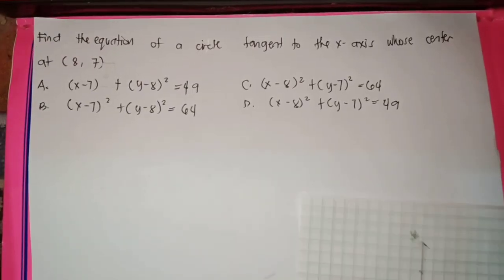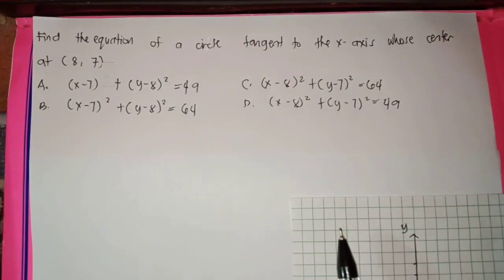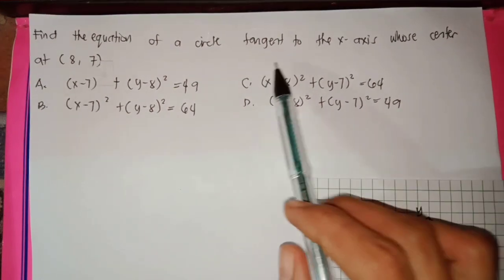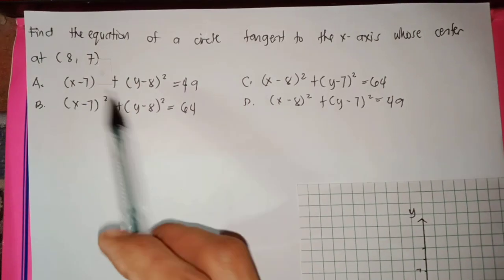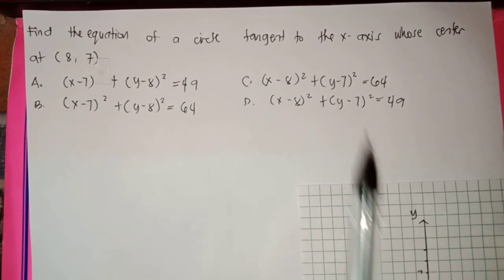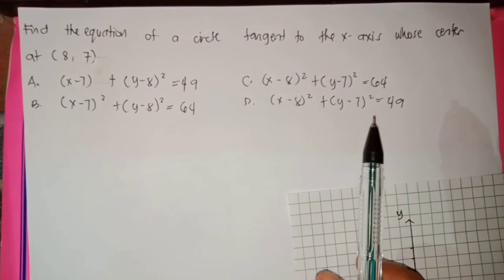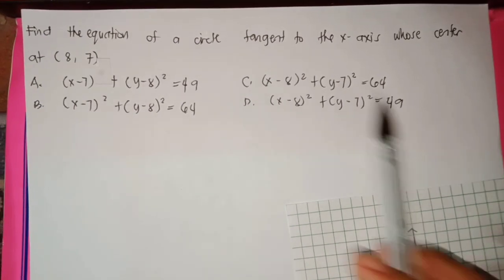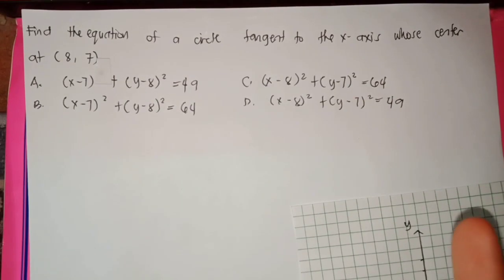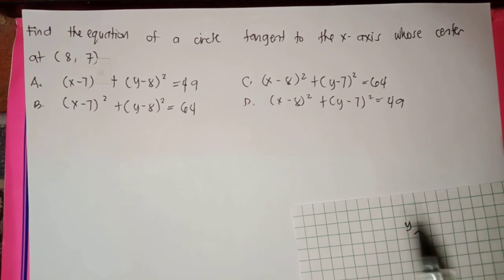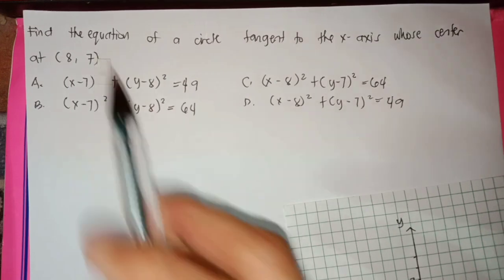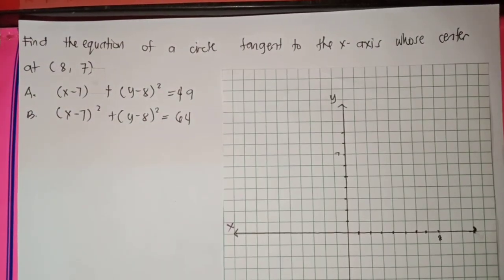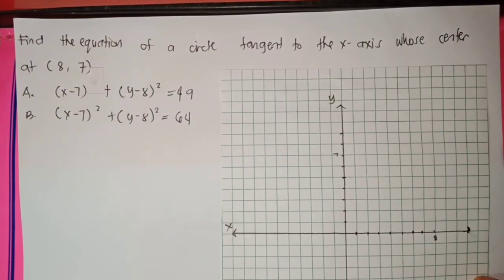Next question, we have, find the equation of a circle tangent to the x-axis whose center is at (8, 7). When we're talking about a line tangent to a circle, it will be intersecting at exactly 1 point. So given the center, (8, 7), we will try to graph it on our x and y coordinates.